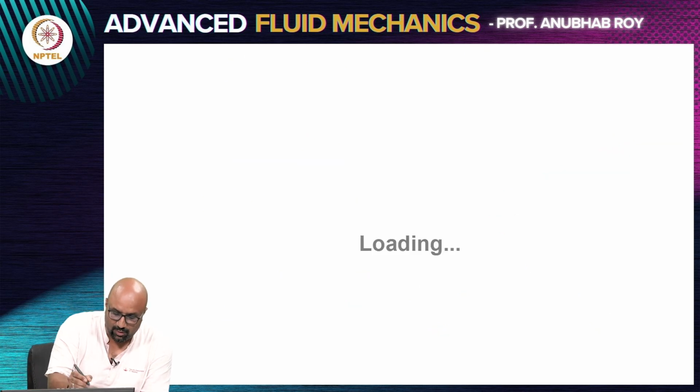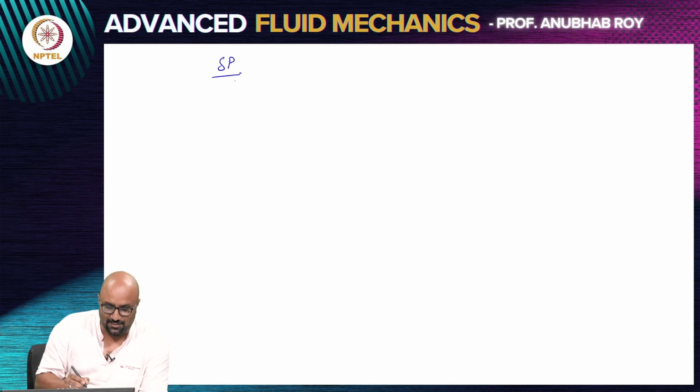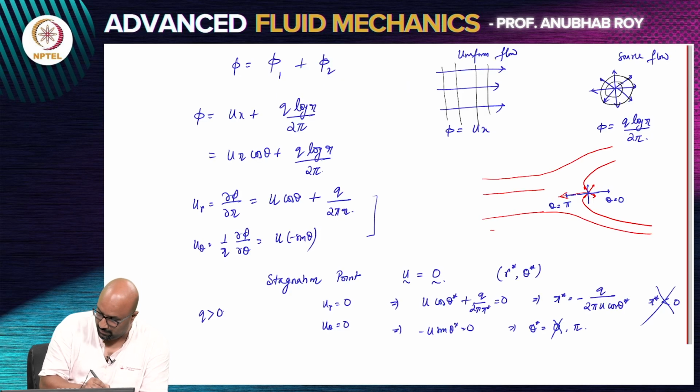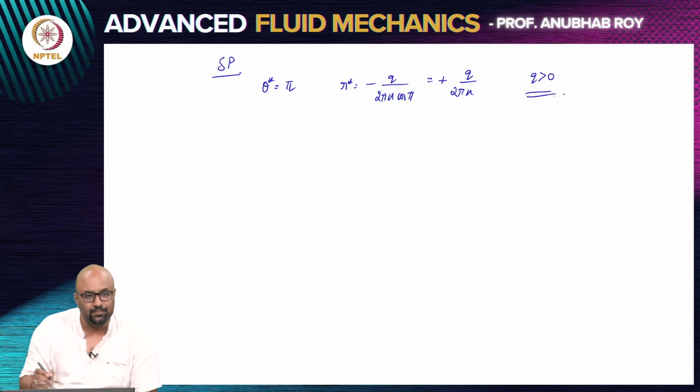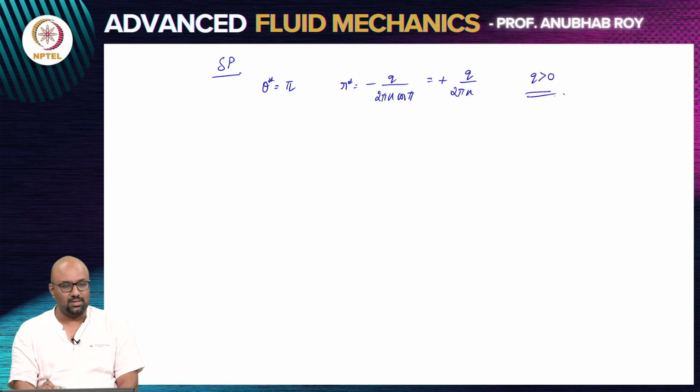So the stagnation point, SP, is theta star equals pi and r star is minus q by 2 pi u cos pi, which is plus q by 2 pi u. All of this is considering a source, because q is greater than 0.